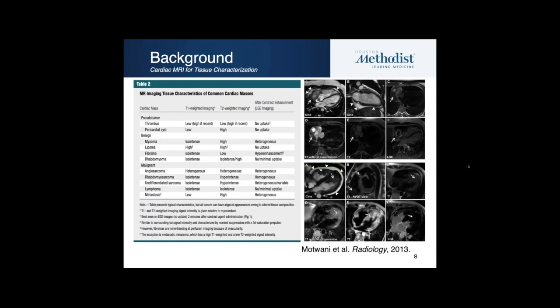T2 weighting is beneficial because you can do fat suppression and better differentiate as well. And cine stacking allows for better assessment of the size of the tumor. So all these advances have significantly improved diagnosis. Late gadolinium enhancement is very important for evaluation of cardiac scarring, as well as direct invasion of the myocardium.